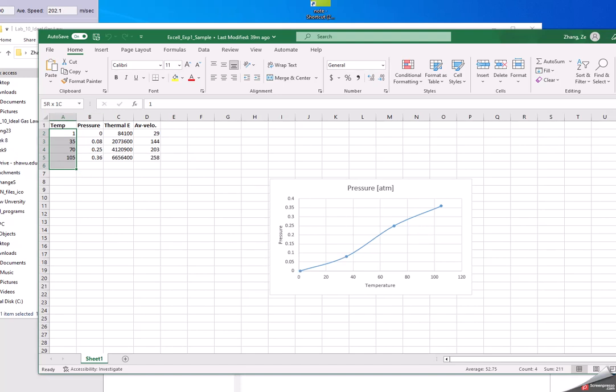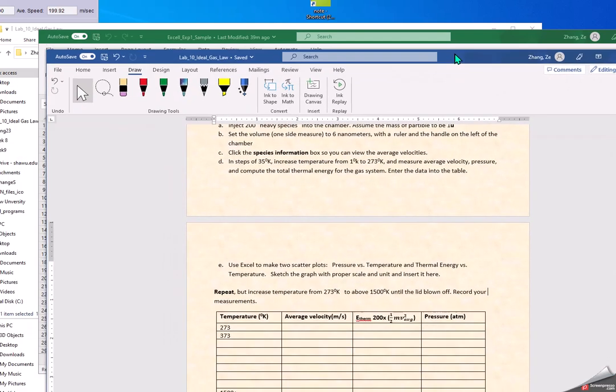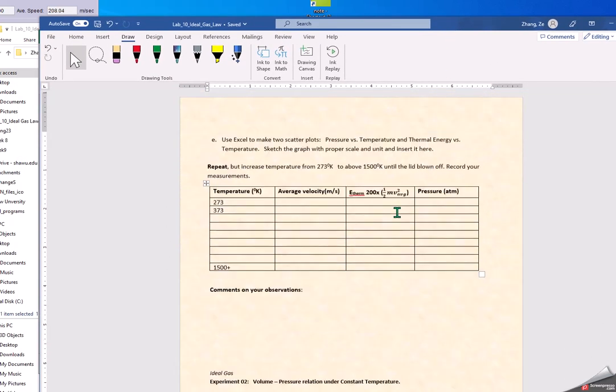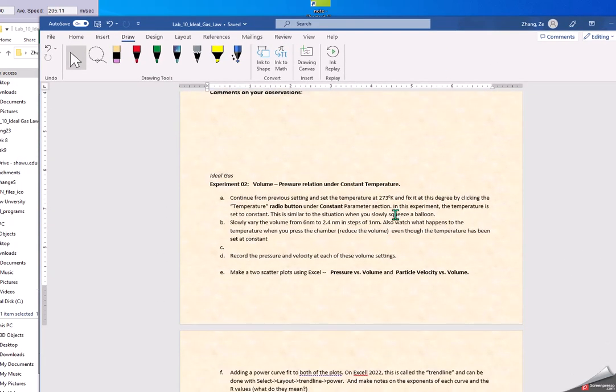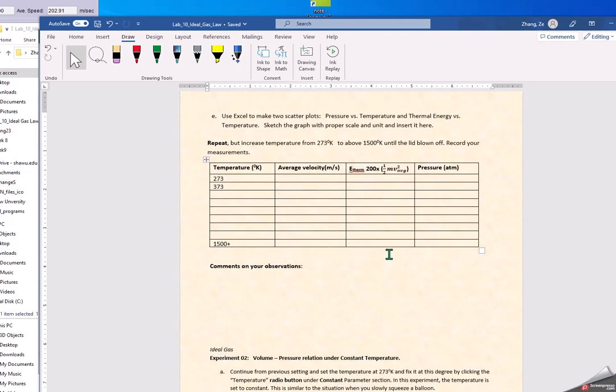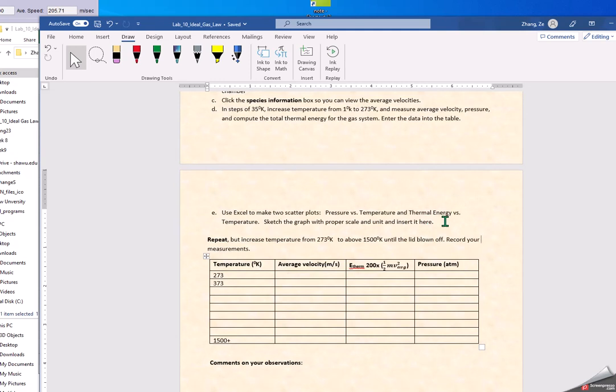Okay, I get a plot, and then you increase the settings. Then you want to insert the plot here, and that's this one, and repeat the process.